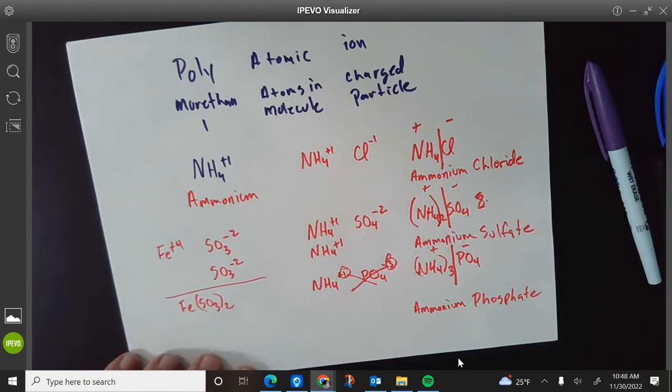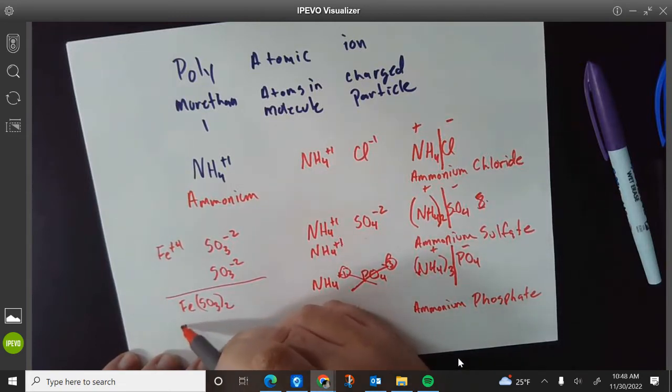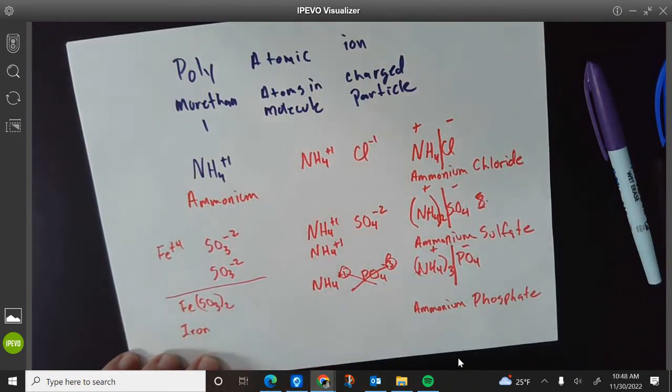How am I going to name this? What is Fe? If you're looking, it's number 26 on your periodic table. This one is iron. Is iron one of my representative metals where I know what charge it's going to make? Is it in group 1A, 2A, or our stealth bomber 6? No, it's not.